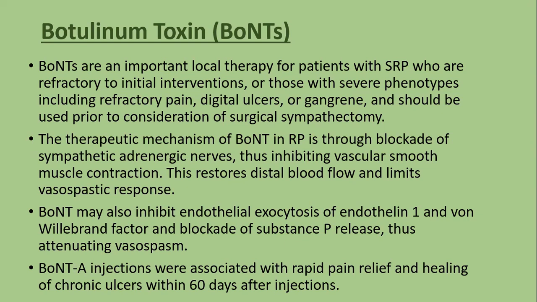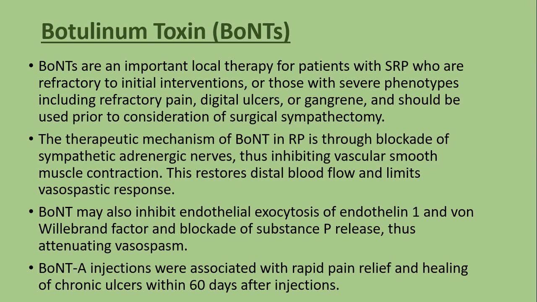The therapeutic mechanism of botulinum toxin in Raynaud's phenomena is through the blockade of sympathetic adrenergic nerves, thus inhibiting the vascular smooth muscle contraction, and hence resulting in an increase in distal blood flow and limiting the vasospastic response. So basically, this is the blocker of sympathetic adrenergic nerves, which are carrying the vasoconstrictor response to the peripheral arteries.